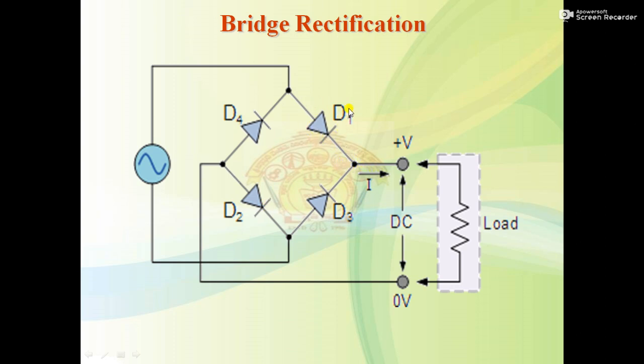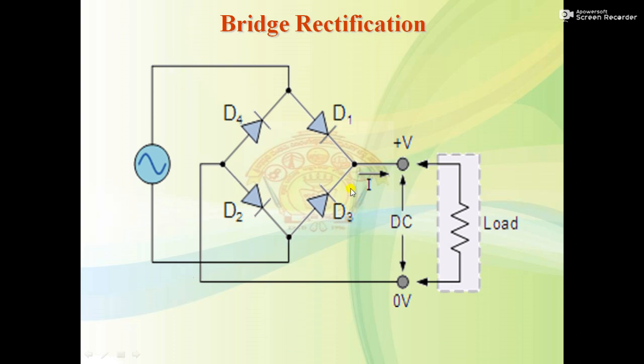First the current flows through the diode D1, through the load, then through the other diode. Again the cycle repeats. So at that time we get some amount of voltage. During the negative half cycle of the AC input supply, this node becomes negative, this becomes positive.